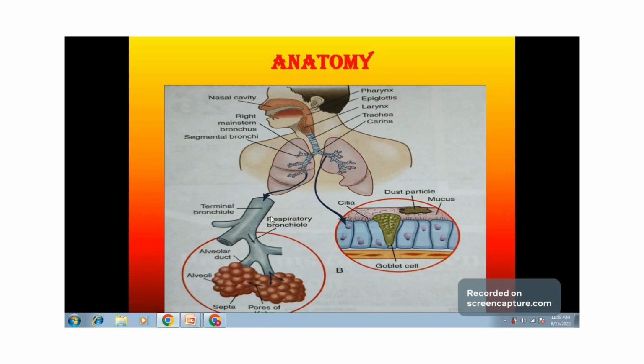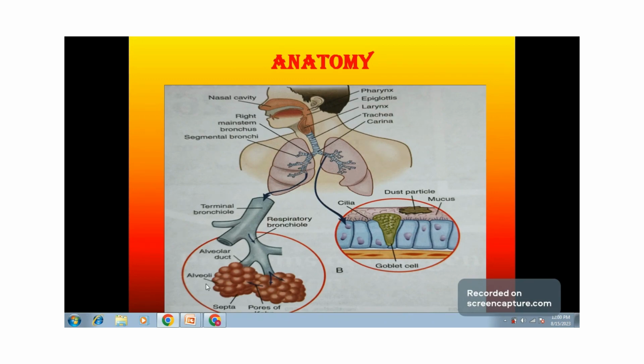Next is the alveolar ducts. Now, the acinus is the term used for all the structures which are distal to the terminal bronchiole, right? So these are the terminal bronchioles, and away from this are the alveolar ducts, right?